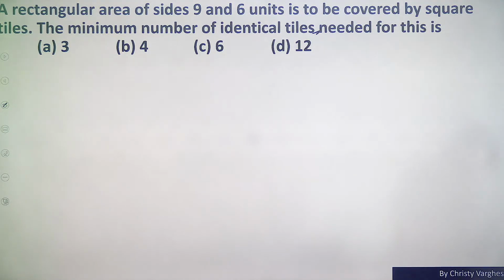Read the question carefully and then answer it. Any answers?